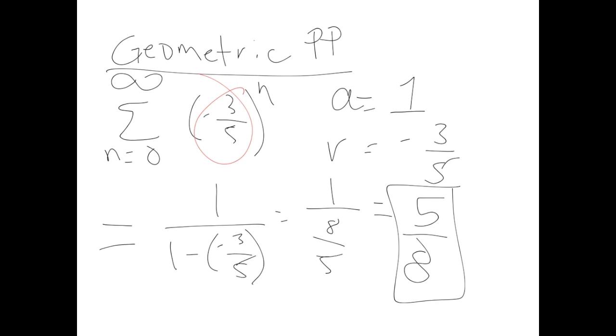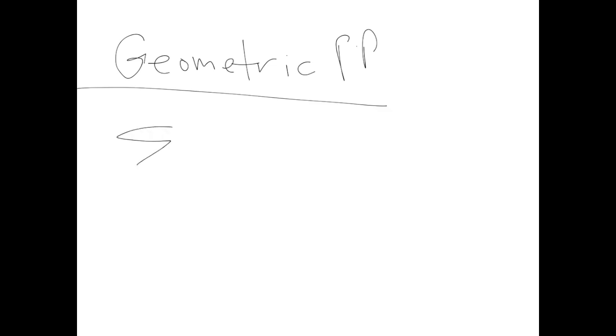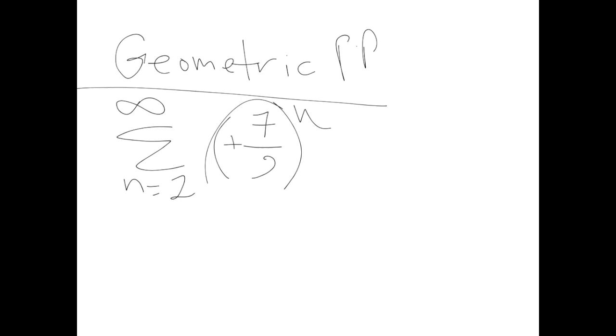What happens if n doesn't equal 0? Let's look at an example there. If n doesn't equal 0, so let's say n equals 2 for, let's do positive 7/9 because I'm making stuff up as I go. All right, this is less than 1, so we can perform geometric, so it should be 7/9 squared, 49/81 over 1 minus 7/9.